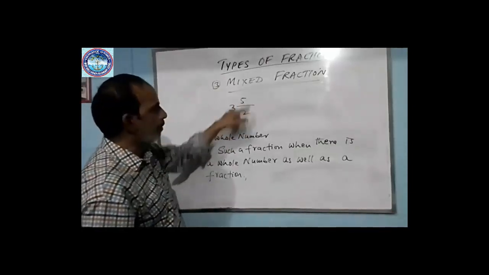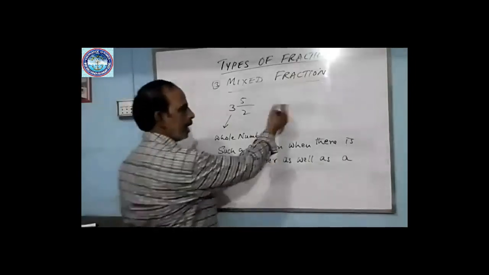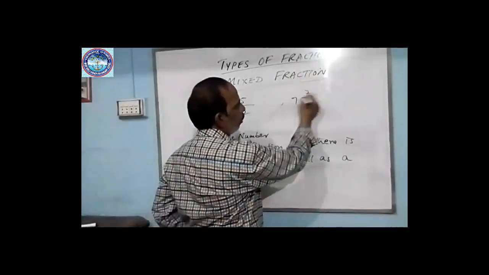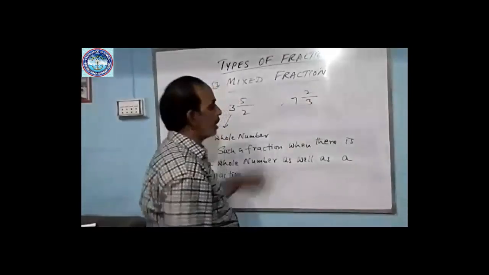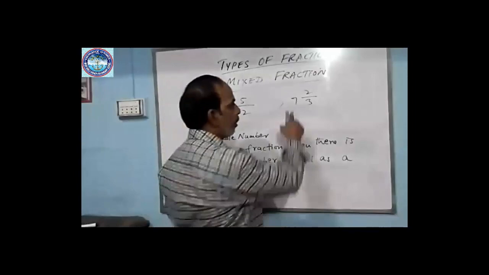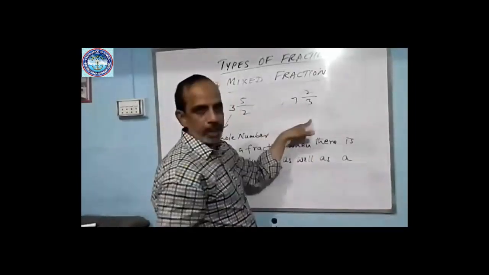We can also take another example of the mixed fraction as 7 whole 2 upon 3. It can be read as 7 whole 2 upon 3. So this is also called a mixed fraction because there is a whole number and a fraction is given.